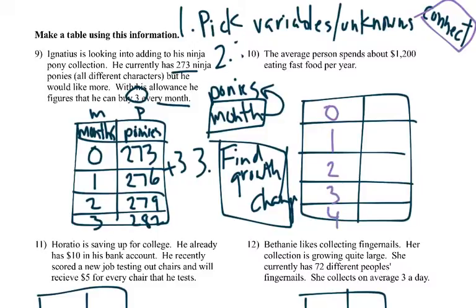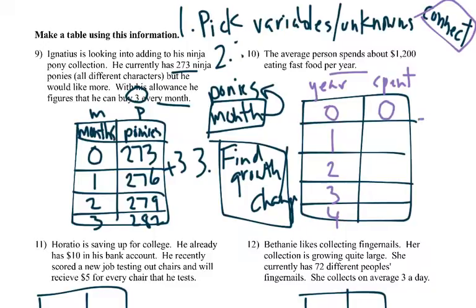Okay, so 1, 0, 1, 2, 3, 4. The average person spends about $1,200 eating fast food per year. So every year we can see how much we've spent. So this would be year, and this would be spent. Those are our variables. When we first start off, we wouldn't have spent any, right?